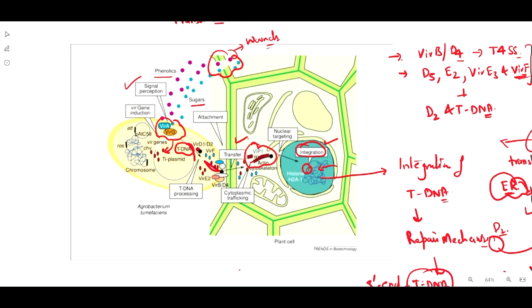As the T-DNA is produced by the association of some Vir proteins, it is then moved for transfer into the host cell, where it enters the cytoplasm, and with the help of some proteins it gets protected and then moved into the nucleus, where it gets integrated. So this is how the Agrobacterium infects the plant host cells.